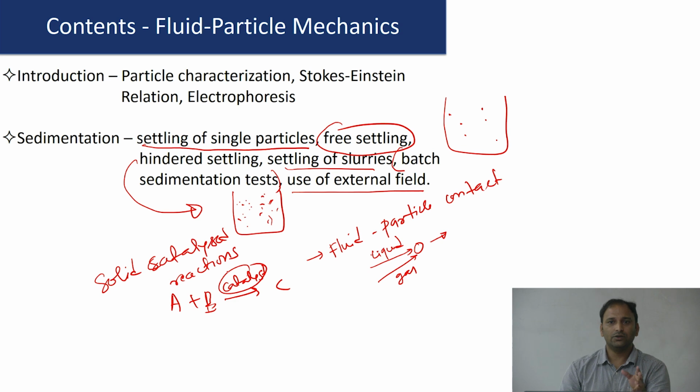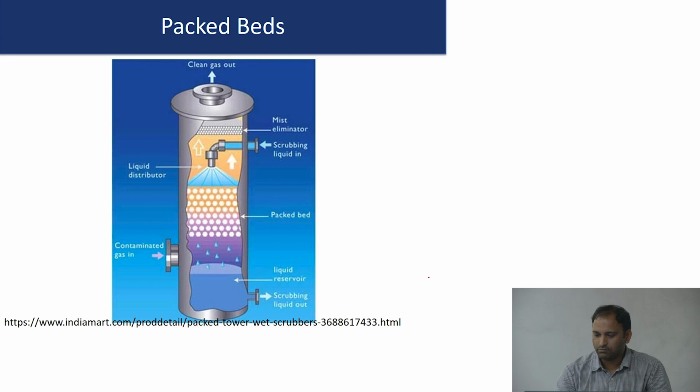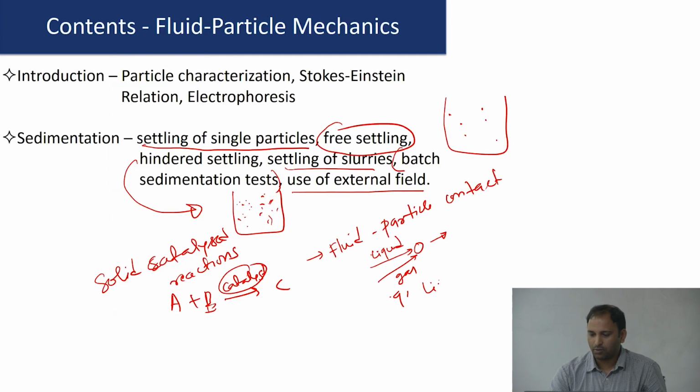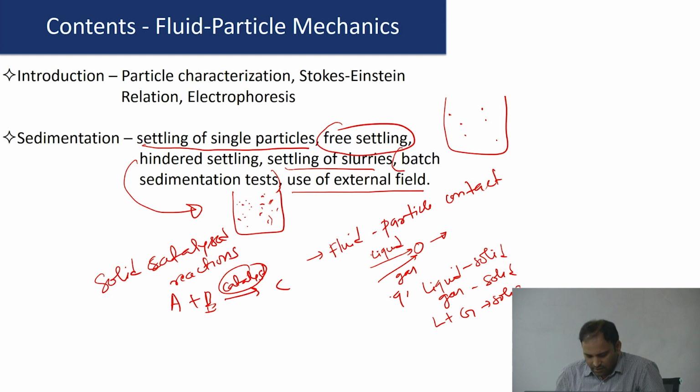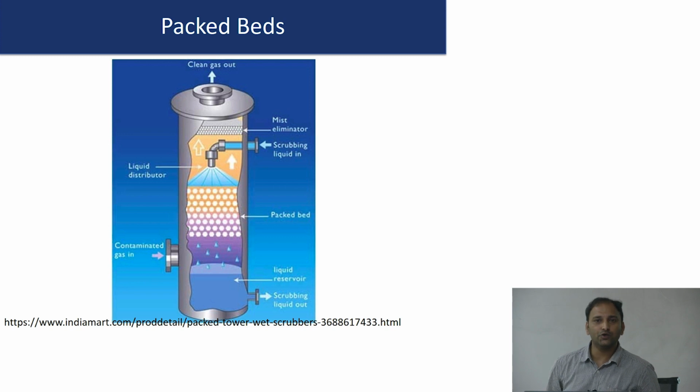You can have a two-phase system, a liquid-solid contact or a gas-solid contact, or a liquid plus gas plus solid contact, and there are devices for doing that. One very commonly used device is something called a packed bed. It's a fairly simple setup.